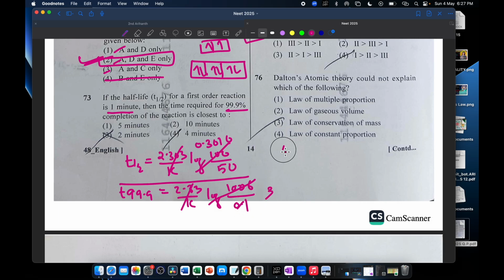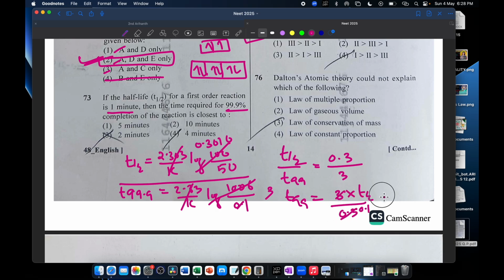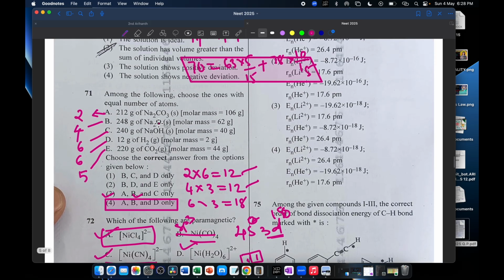So T half by T 99.9 equals 0.3 by 3. We have to calculate T 99.9, so T 99.9 equals 3 into T half by 0.3, which is 10 minutes. 10 minutes is the answer, right?